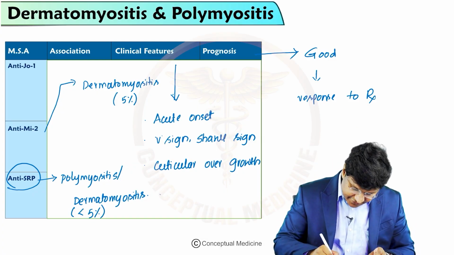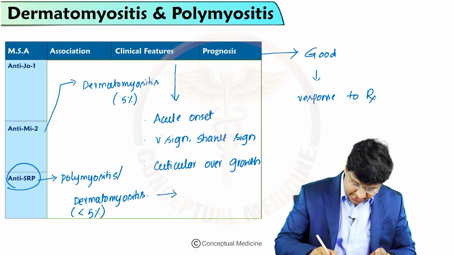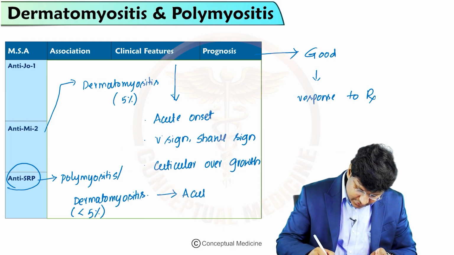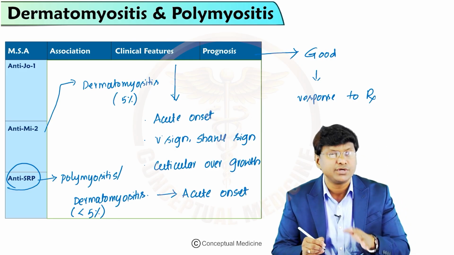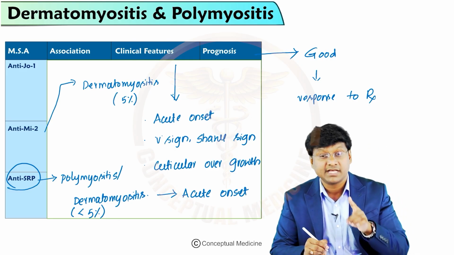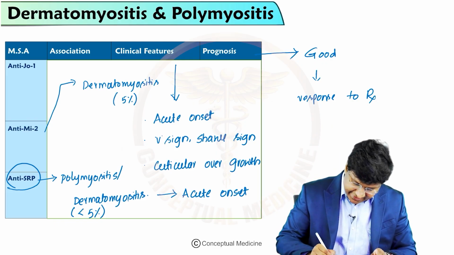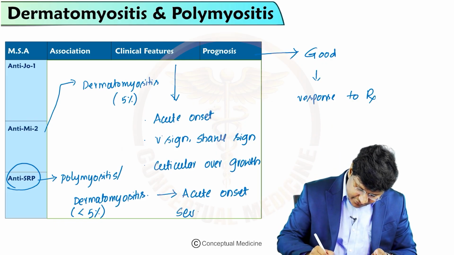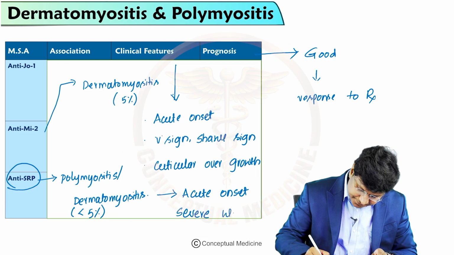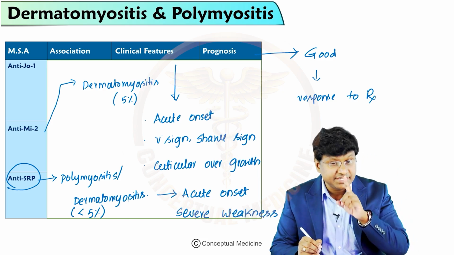If you take the clinical features, even anti-SRP is acute in onset, and if anti-SRP is present, it represents severe weakness.